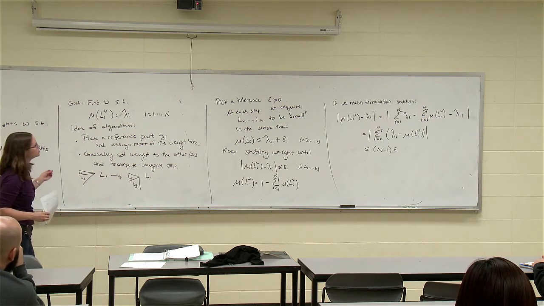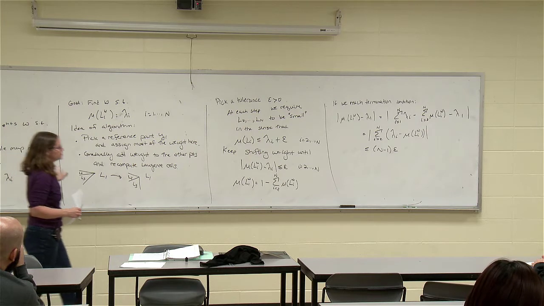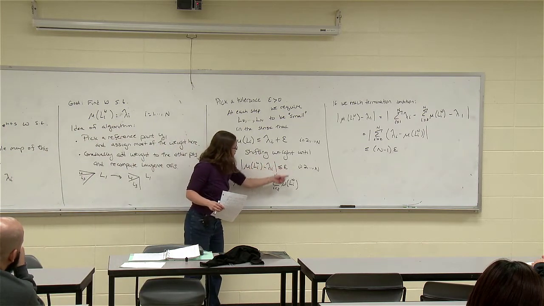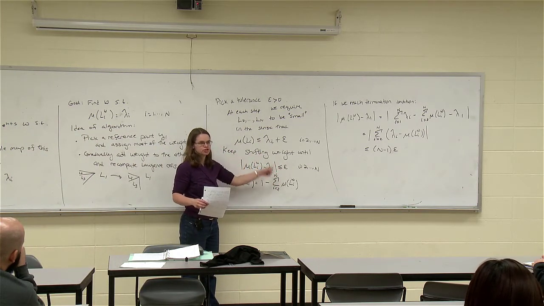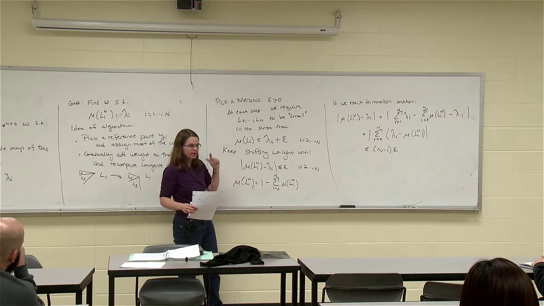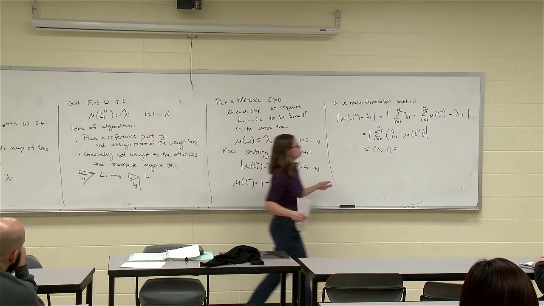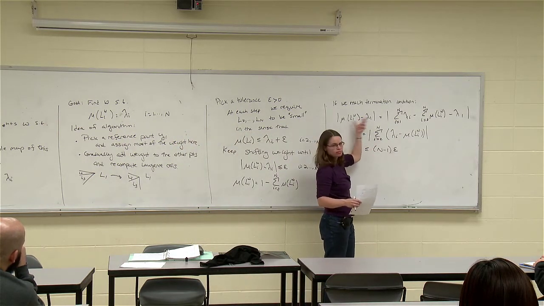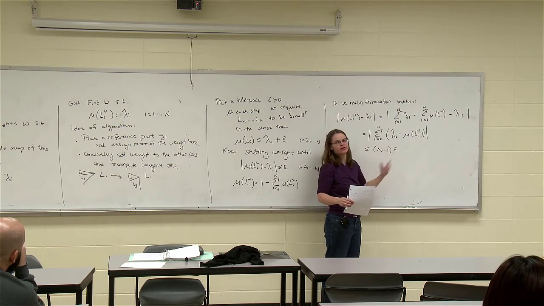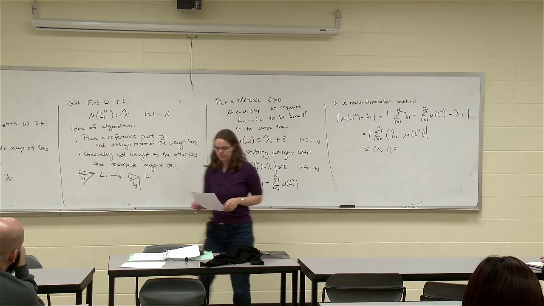Okay, so if I can come up with an algorithm that achieves this as my termination condition, then we're in good shape. The error of the mass in all the cells can be made arbitrarily small depending on the tolerance that we pick.